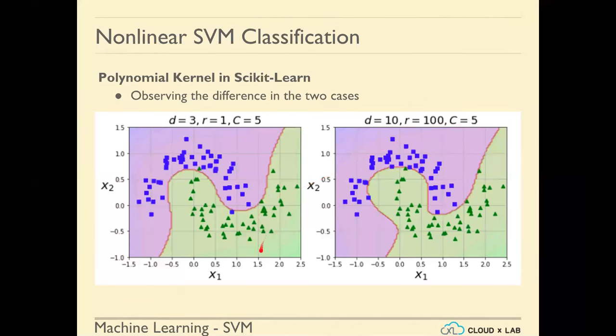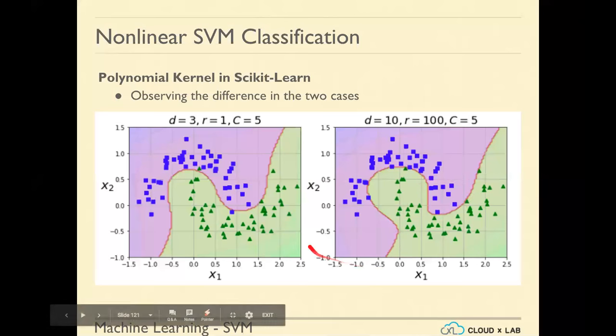You can see that in this case it is more round, and basically trying for as much precision as possible. For example, here it lets this point be on the other side, while here it has gone through that.